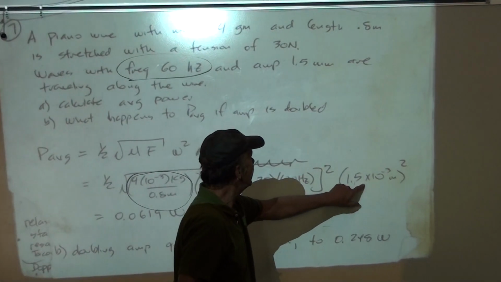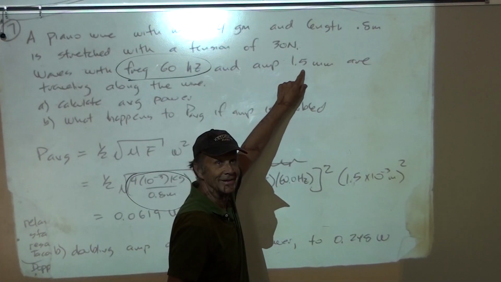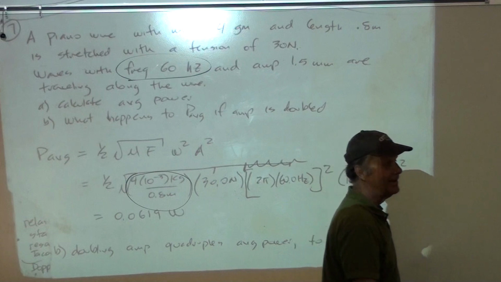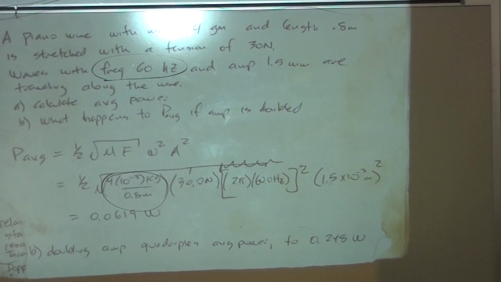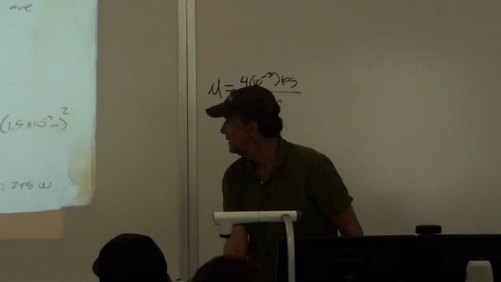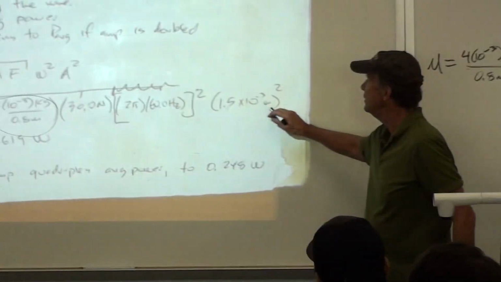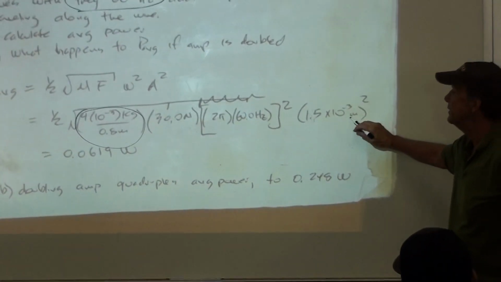Then we multiply that by the amplitude squared, and the amplitude's given in millimeters. So you see that this is just a plug and chug one-step problem, but you have 3 different steps to make sure the units are correct. You want to be really clear that you're in the right set of units. This millimeters, that's 1.5 times 10 to the minus 3 meters.